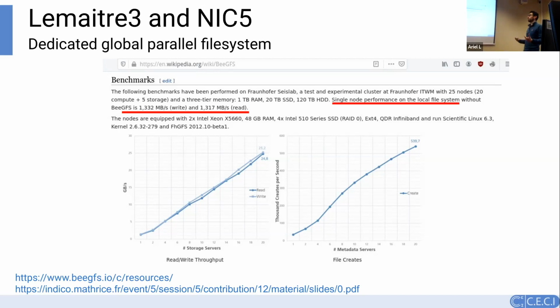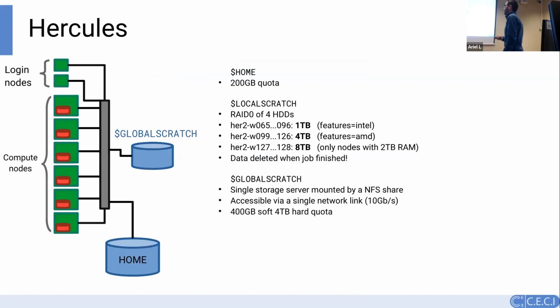You need your code to be able to profit from this kind of hardware. So you do parallel I/O; actually, you write to the different storage servers in parallel. But still, this kind of solution allows you to go over the limit that you have on a single machine. It is one of the reasons why HPC clusters exist.